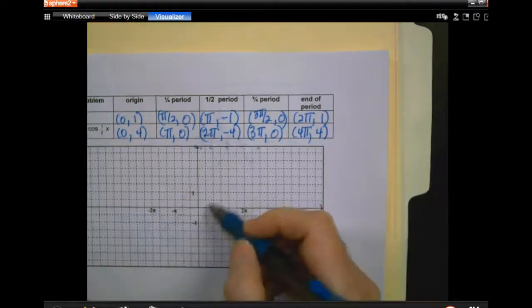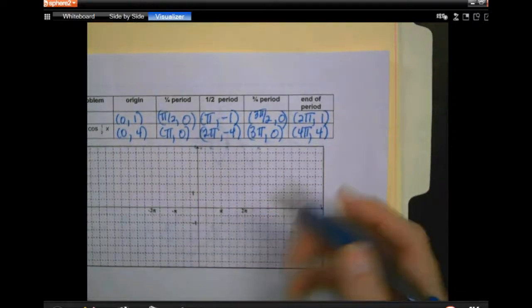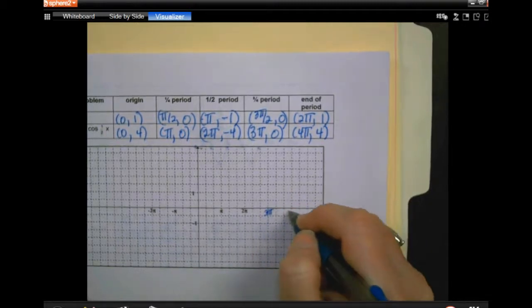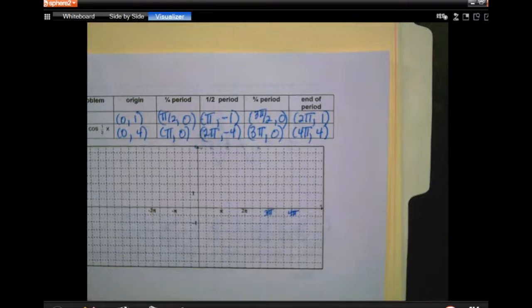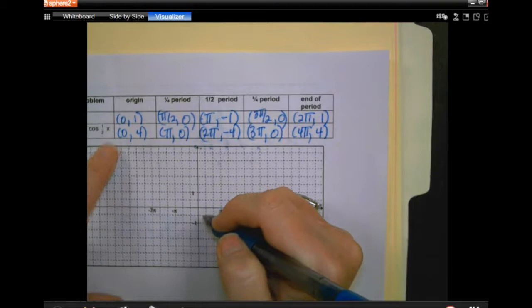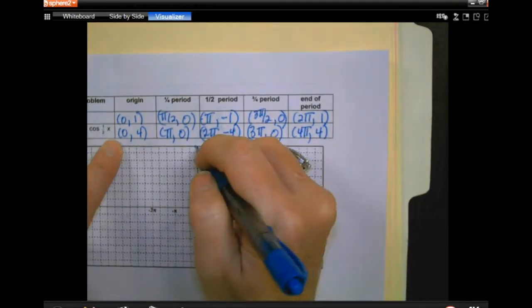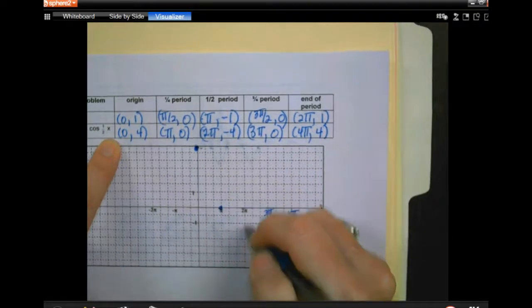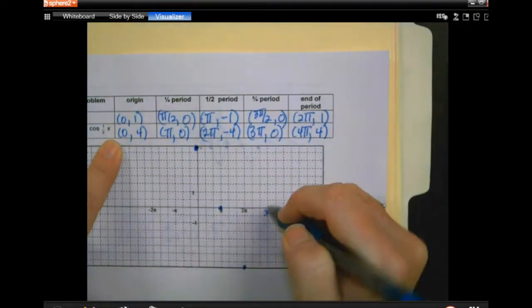So how many? I went 1, 2, and then pi. So 1, 2, 3 pi, 1, 2, 4 pi. And then we can graph. So at 0, I have 4. At pi, it's 0. At 2 pi, it's negative 4.